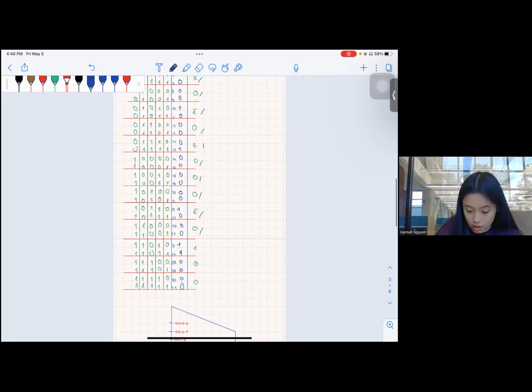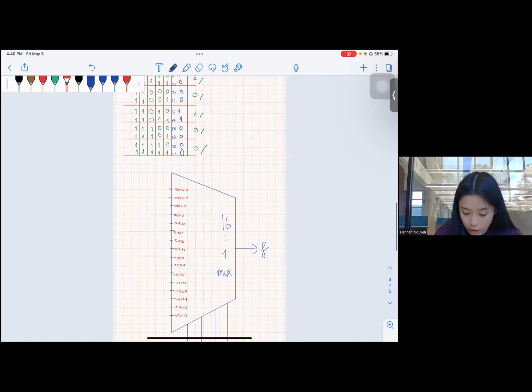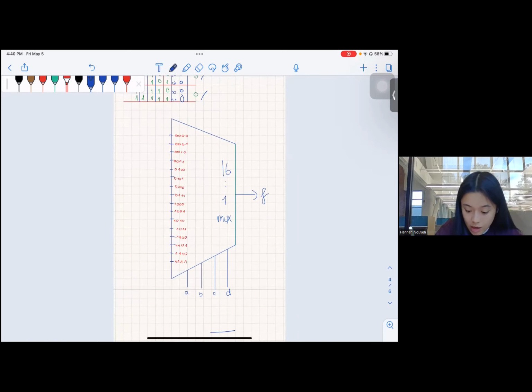And you can see right here, the output is gonna be 1 for every different E. It's gonna be 0 or 1, but the output is gonna be 1 for everything. Here, 0, 0. So I have 16 different groups of A, B, C, and D right here for the 16 by 1 mux.